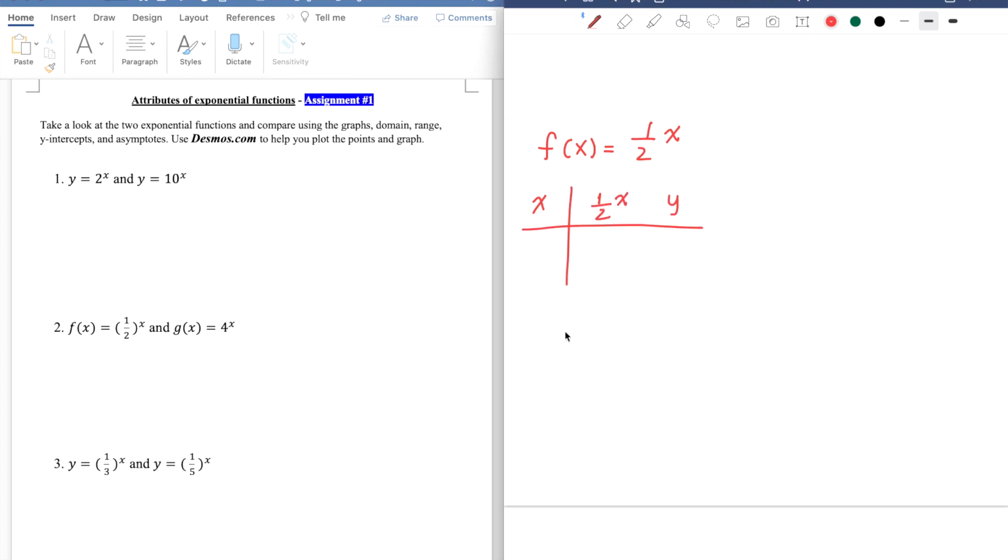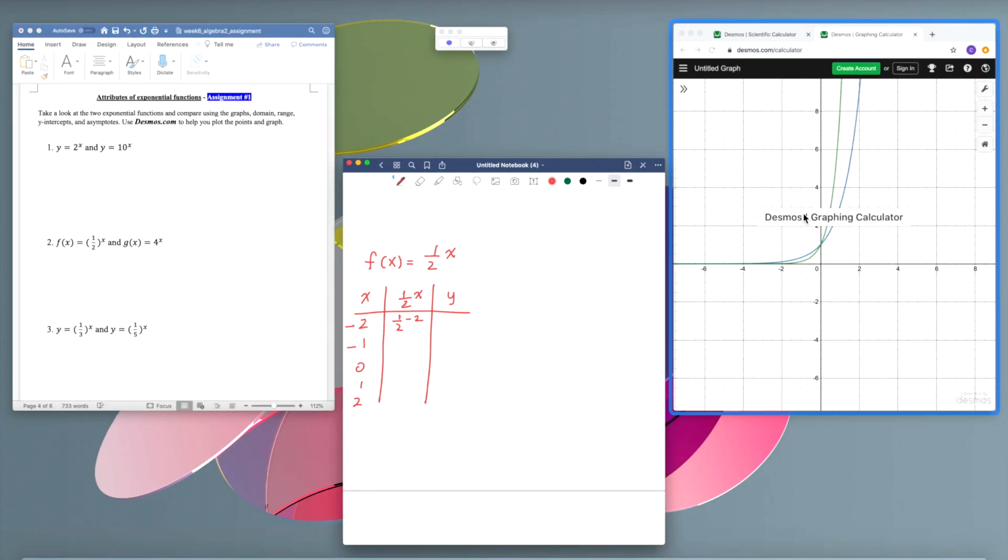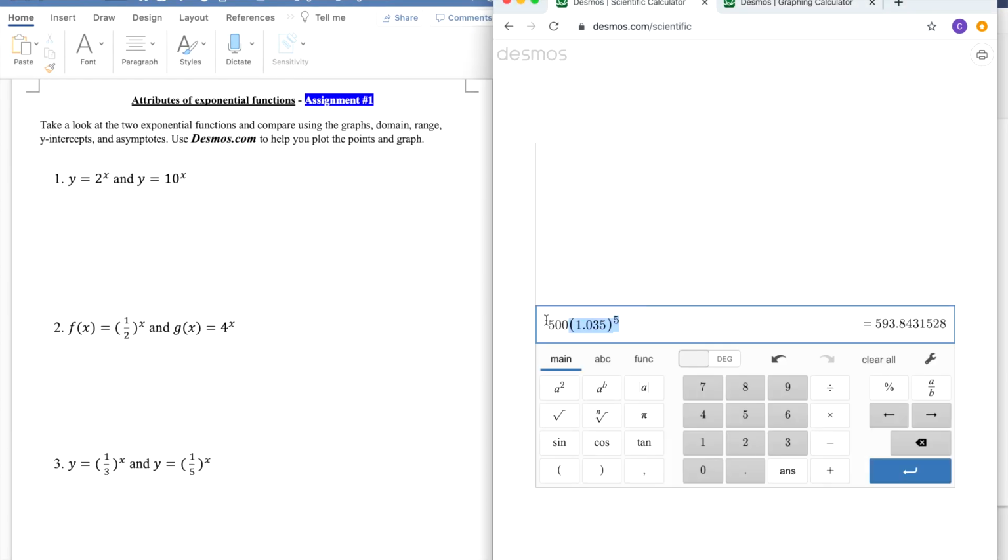Now, just to make this easier, I'm just going to use 5 x values: -2, -1, 0, +1, +2. And I'm going to plug it into the function and calculate it. So you can use decimals for that.